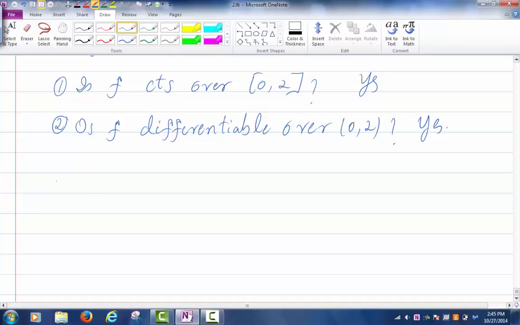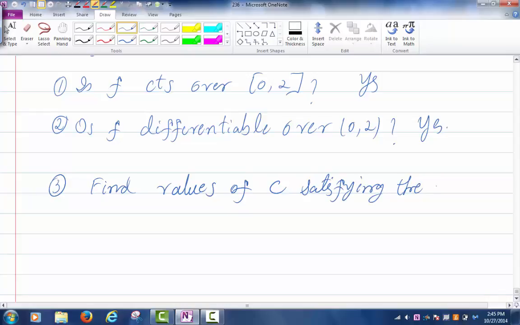So the third thing that you have to do is find values of c satisfying the conclusion of Rolle's theorem.